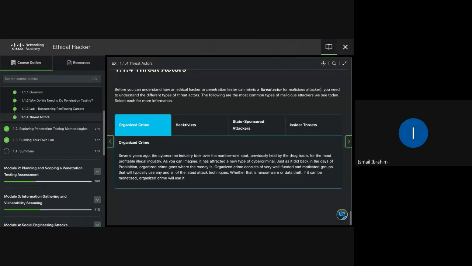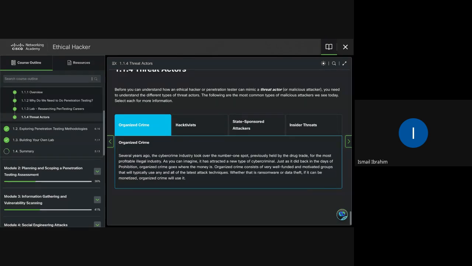The difference between the activist and an insider is that an activist tries to hack into an organization just to prove a point, a political point, to raise awareness for something regarding their beliefs. But an insider threat is a person within the organization, either a disgruntled employee or someone that holds malice to the organization for one reason or the other.